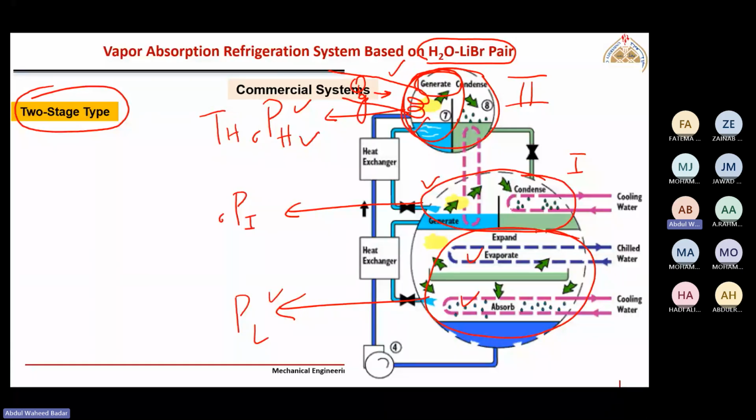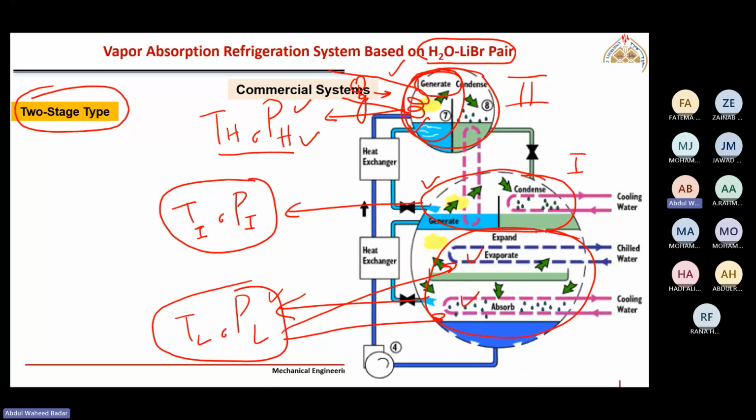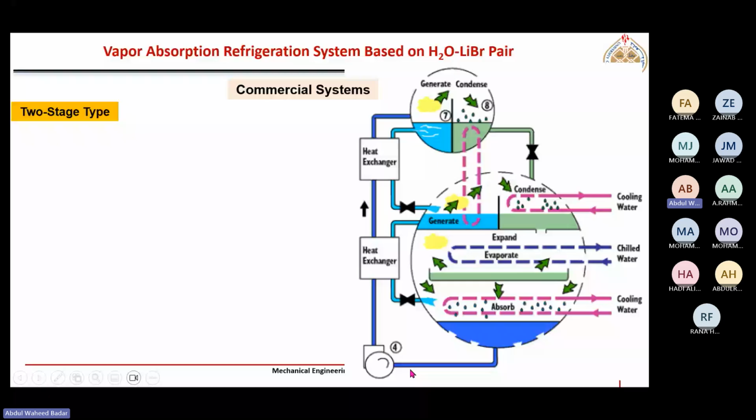This lower generator and condenser are at lower pressure than this one. So let me call it intermediate temperature and pressure. And this is the lowest temperature and pressure at which absorber and evaporator are operating. Okay, so we can have two-stage, we can have three-stage lithium bromide water systems. So now let's see the functioning.